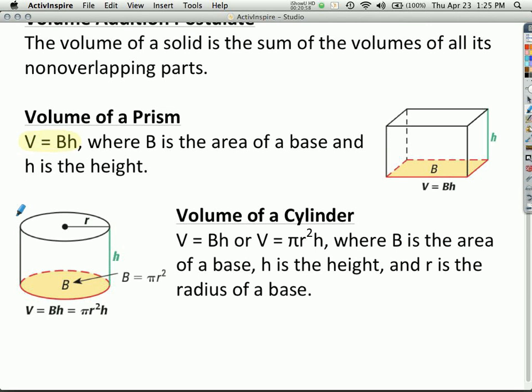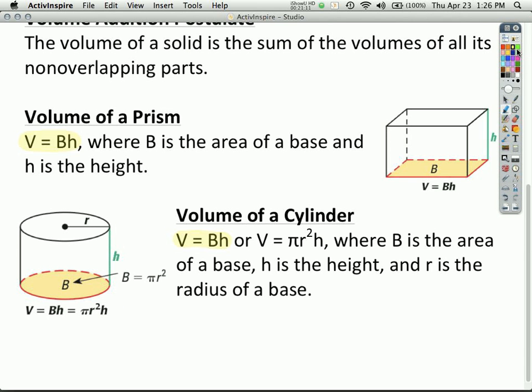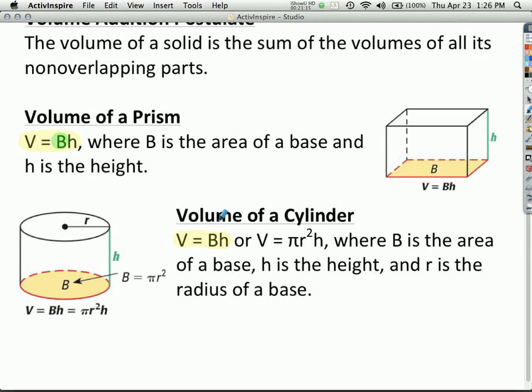Volume is big B times H. The difference is in this capital letter B. Big B refers to the area of the base.